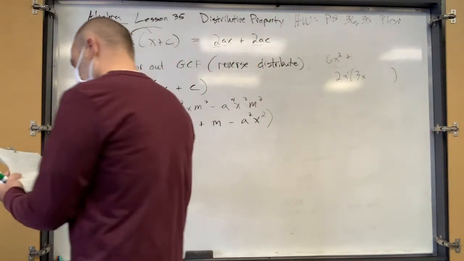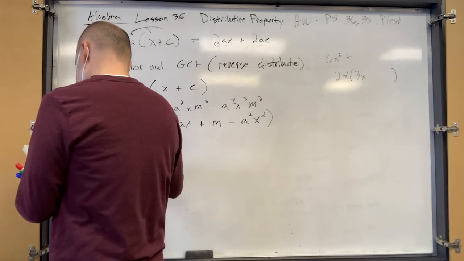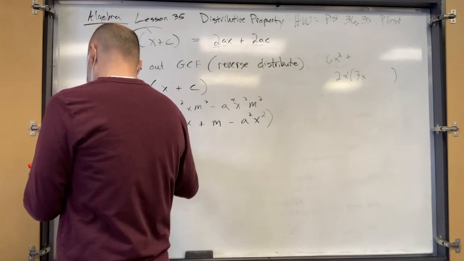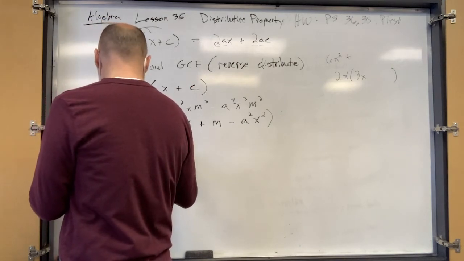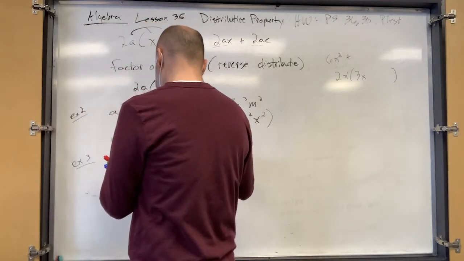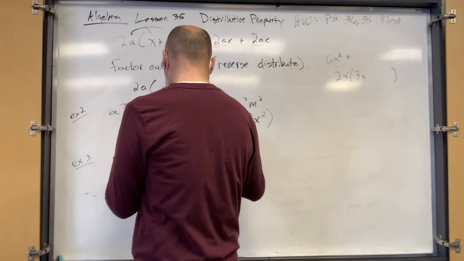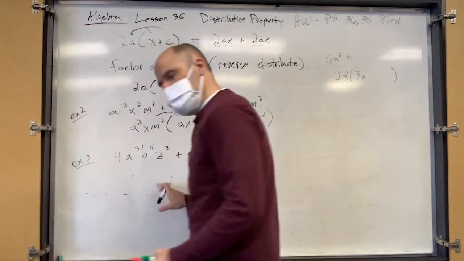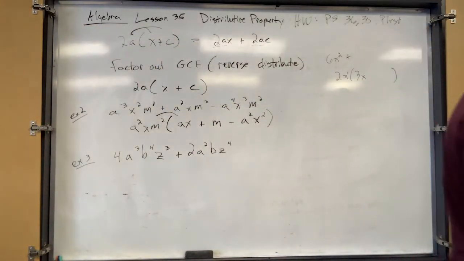Example 3, 4a to the third, b to the fourth, z cubed plus 2a squared b z to the fourth. So I want you to factor this. Factor out the GCF.